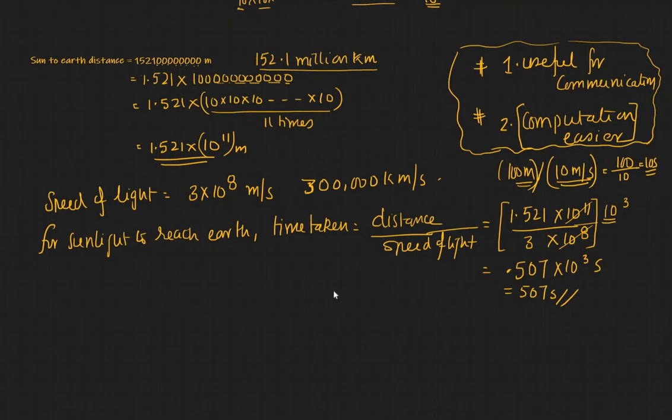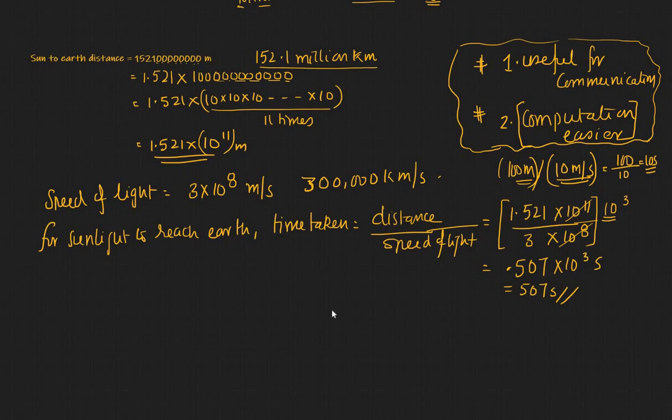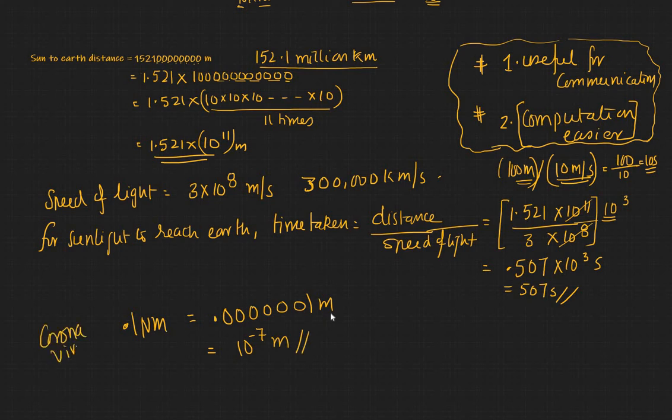For example, the size of the coronavirus that's troubling us nowadays is about 0.1 micrometer. So you can say that that's about 10 power minus 7 meters, right? So that's the size of your coronavirus.